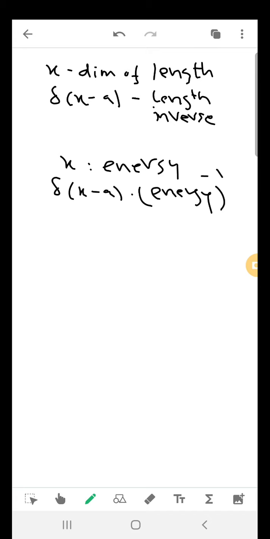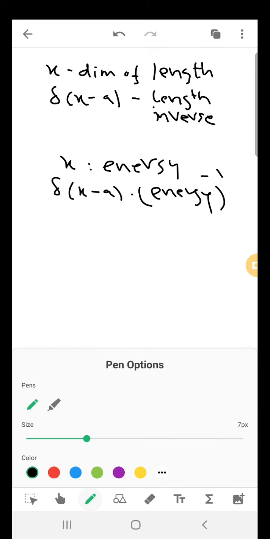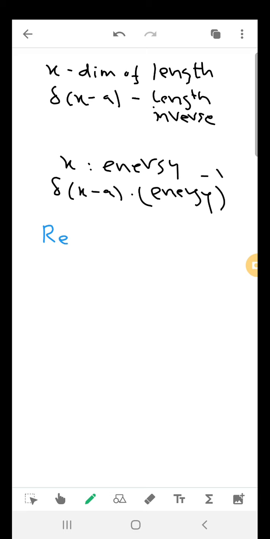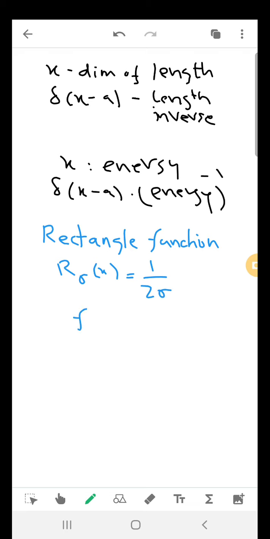There is a way called the rectangular function or rectangle function, R sigma x, and it is defined as R sigma x is equal to 1 by 2 sigma for x minus a between minus sigma and sigma, and is equal to 0 for mod of x minus a greater than sigma.